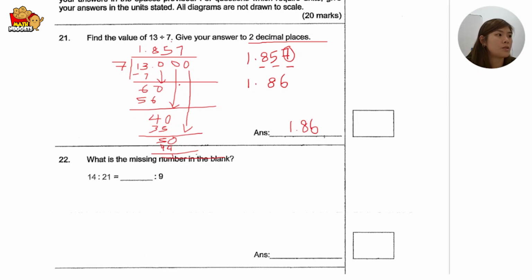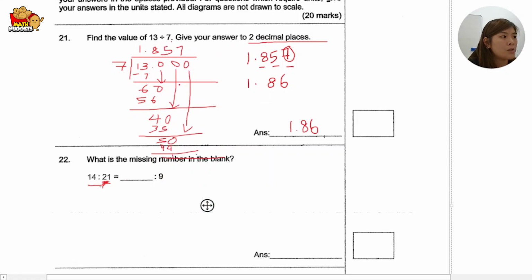Okay, for the next question, question 22. Question 22 asks for the missing number in the ratio. Basically 14 to 21 is the same as something to 9. This 21 corresponds to this 9, and this is the missing number. The first step you can do is simplify this form. 14 to 21 can be simplified by dividing by 7.